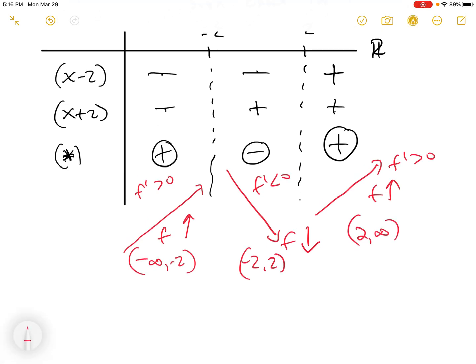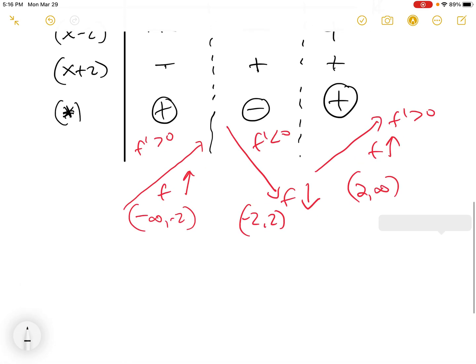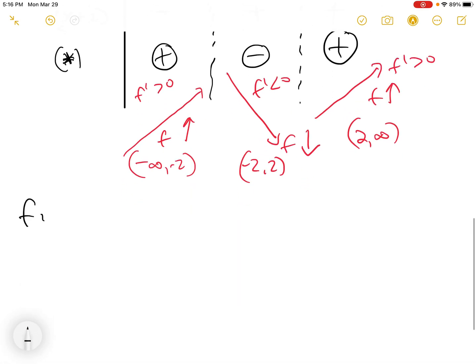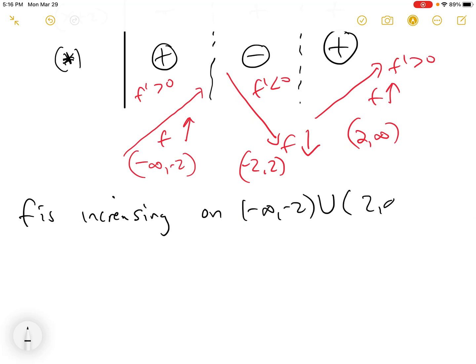So to answer the question completely, we go f is increasing on minus infinity to minus 2 union with 2 to infinity, and f is decreasing on minus 2 to 2.